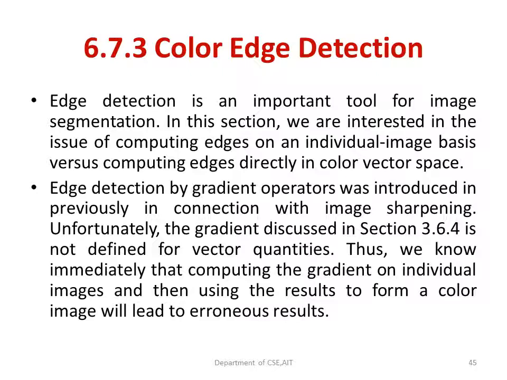But the gradient discussed previously is not defined for vector quantities. So we know that computing the gradient on individual images and then using that result to form a color image will lead to wrong answers.